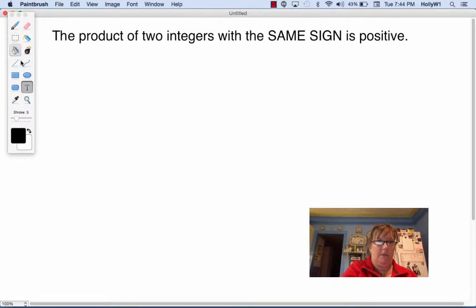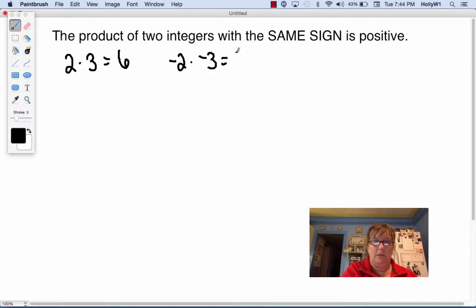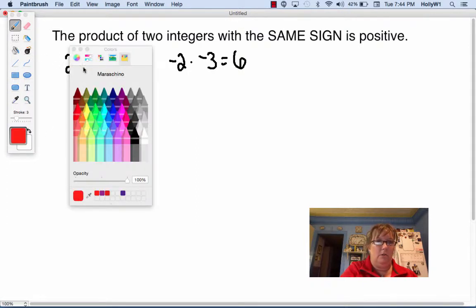So let's put a couple of examples down here. 2 times 3 is equal to 6. Negative 2 times negative 3 is also equal to 6. We found that out yesterday.